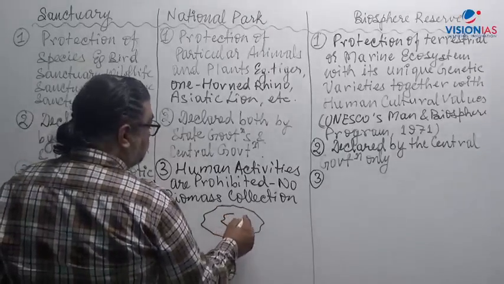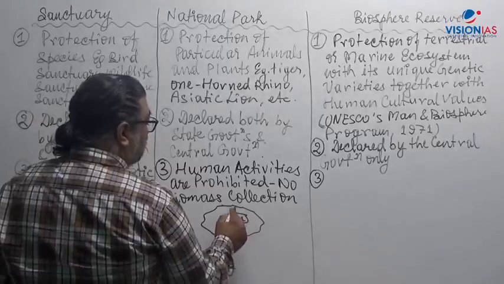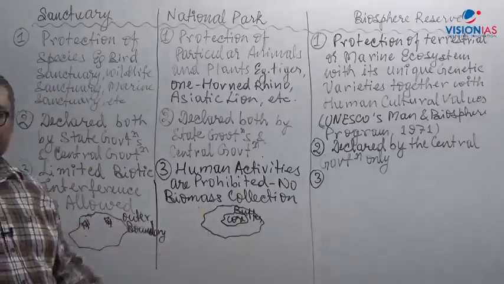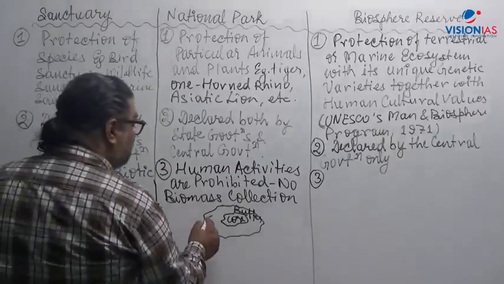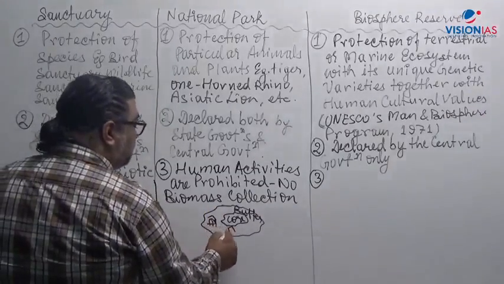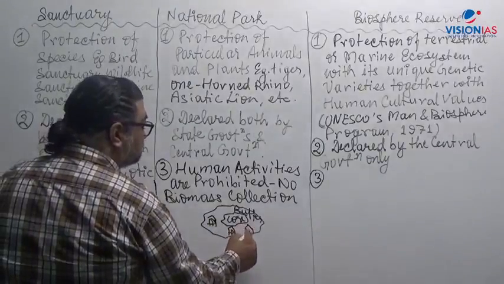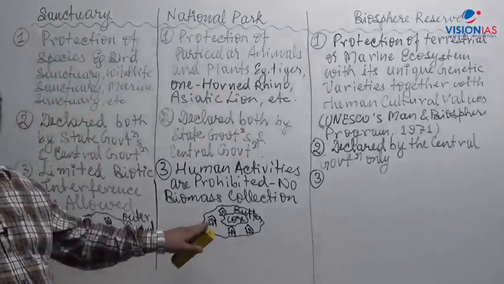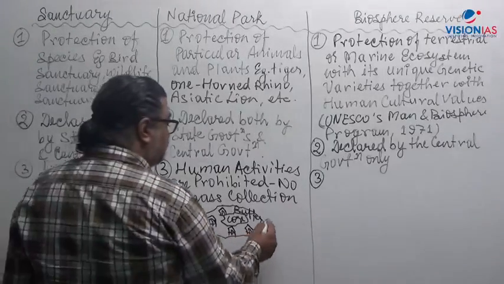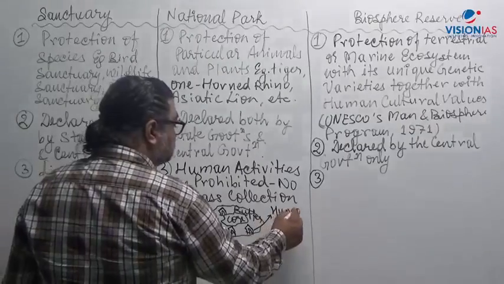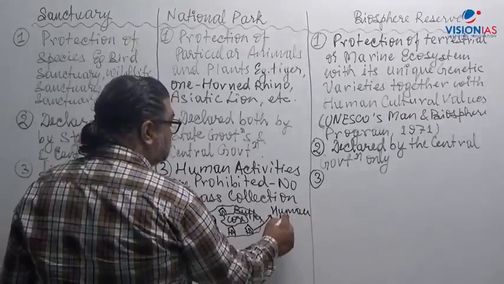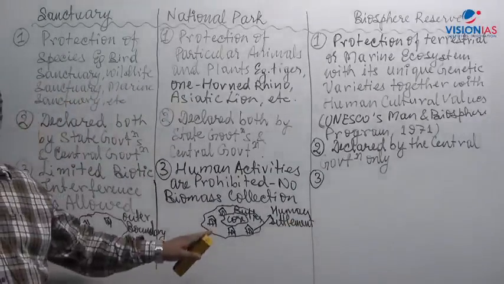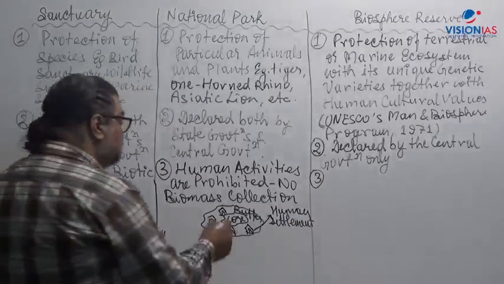there is something called the core area, and outside the core area you have the buffer area. Core and buffer. The economic use happens, and the people are settled, in the buffer area. Human settlements are in the buffer area; you will find them outside the core area. The core area is critical wildlife habitat.